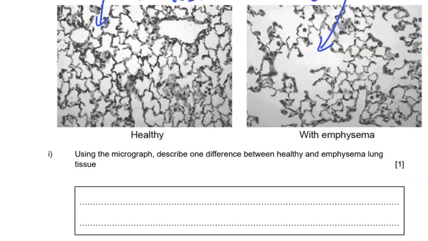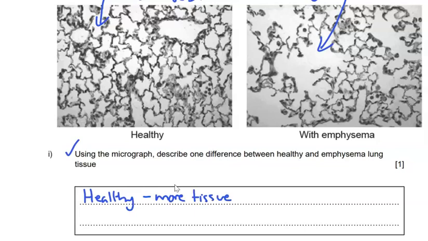But let's take a look at the stem of the question, which is just here, and it's actually asking us, using the micrograph, describe one difference between healthy and emphysema lung. So a number of things that we could go at just by looking at the two images. Perhaps you might say that healthy lung has more tissue than the emphysema one.